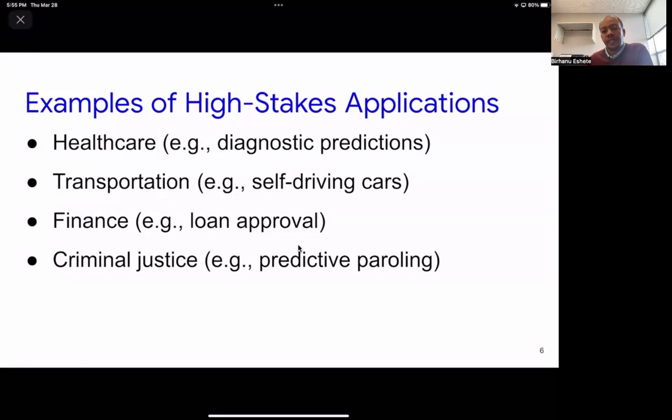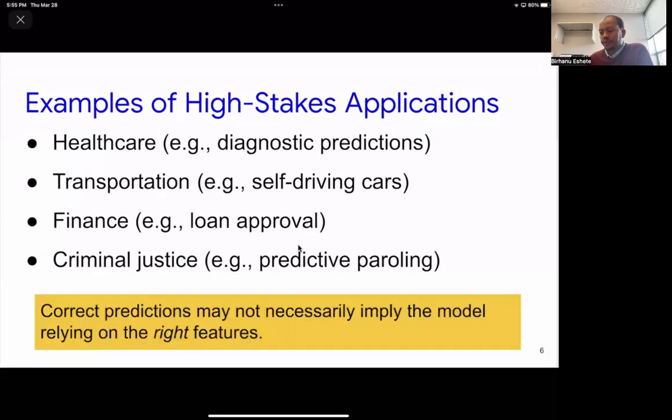So, for examples like predictive paroling, or applications where you would be deciding based on the model's output whether someone is likely to commit a crime or not, you could get things wrong. And when you get things wrong, it would help to explain this to, for example, the judge, because the judge is the domain expert and knows a lot beyond what the model can see based on some training data that may not capture all kinds of corner cases.